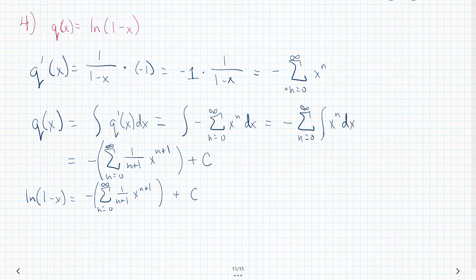How in the heck are we going to figure this out? Well, the easy way for us to figure this out is let x equal 0. Okay. So if we let x equal 0, what actually happens? Oh, and I should be careful here. Notice what happened as well.